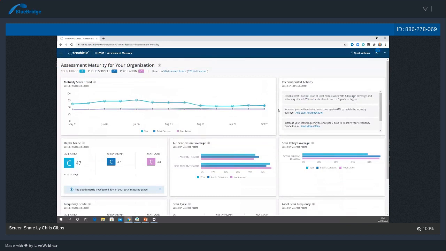And if there's any recommended actions that we can offer, they'll be at the top here telling you, if you do this, you will increase your score by X%, for example, and move you up to a B or an A or whatever the situation may be. So this tool can be very powerful when it comes to identifying the assessment maturity within the business.